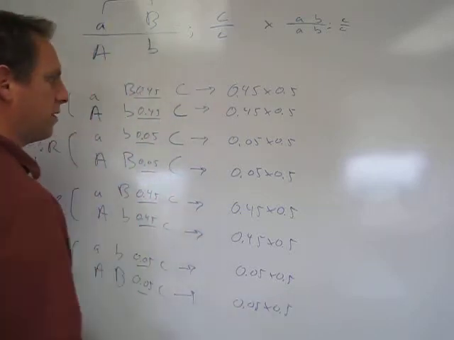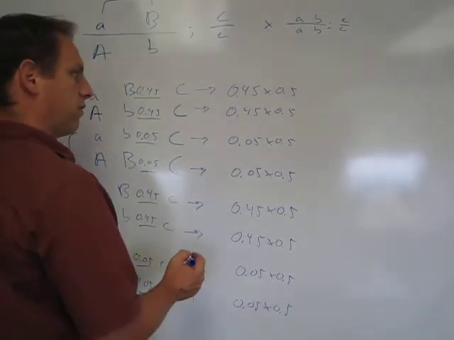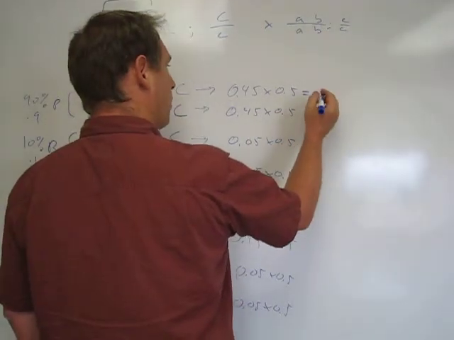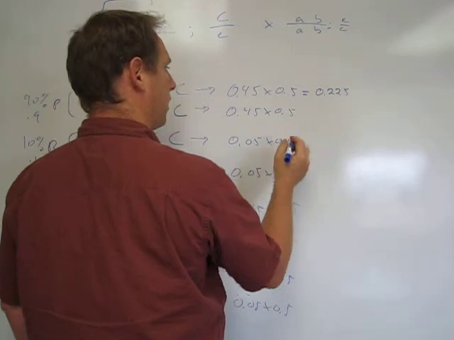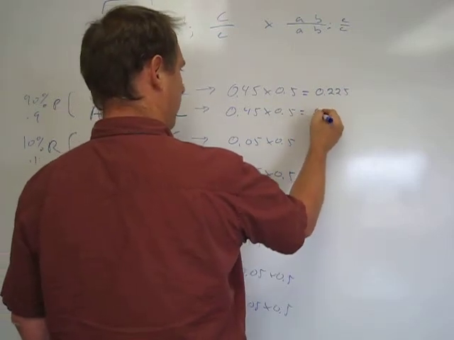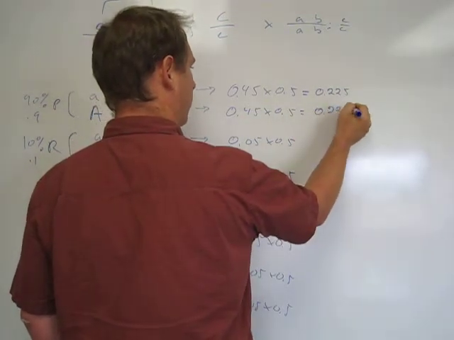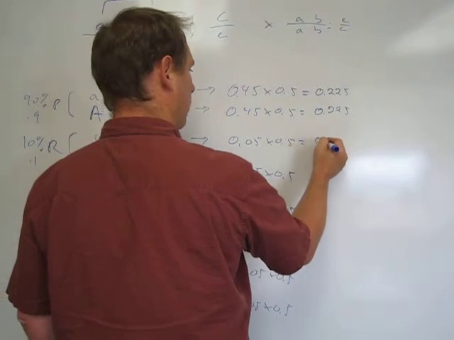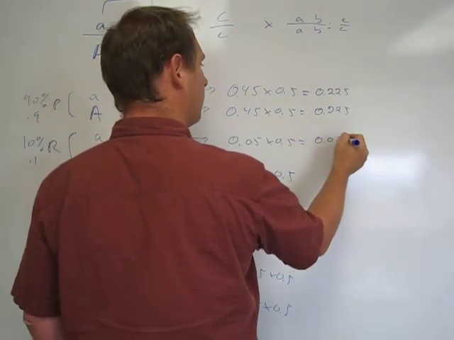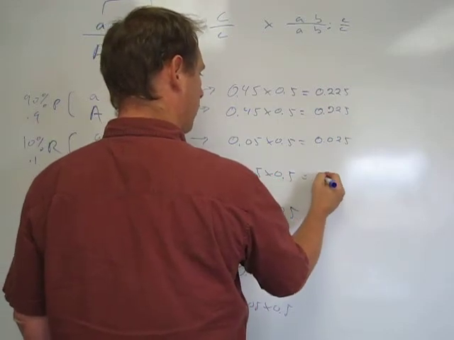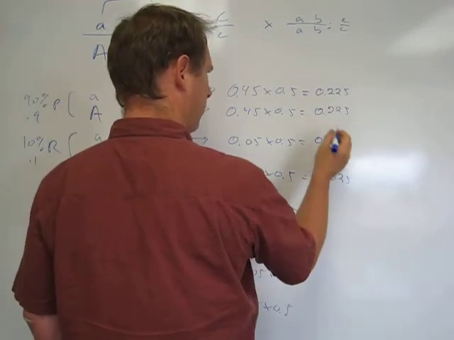Let's multiply these out. This is equal to 0.225, 0.225, and then these are of course expected frequencies, 0.025, 0.025. Is this correct? I hope it is. Yeah, it is.